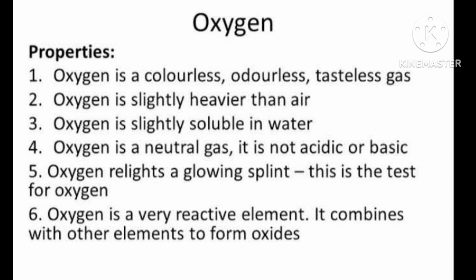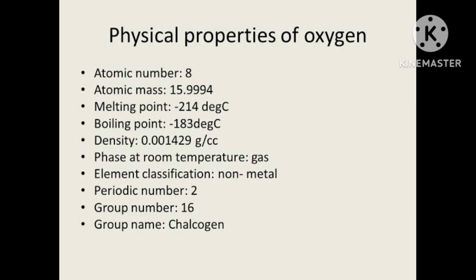What is an oxide? A binary compound of oxygen with another element is called an oxide. As already discussed, oxygen reacts with most of the elements of the periodic table to form oxides.